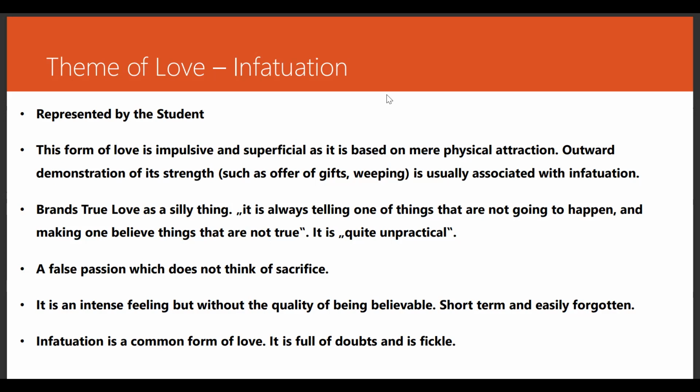Right. So we have a false passion which does not think of sacrifice. Now, these people who are going through the infatuation are not ready to sacrifice anything. The boy desperately needed the red rose. He searched for a red rose everywhere, and when he didn't find one, he cried. He did not make any attempt.